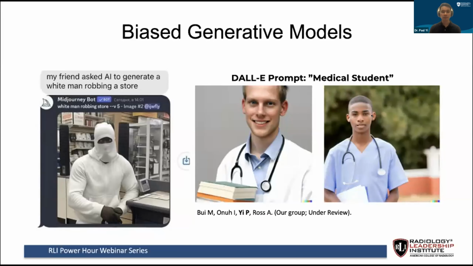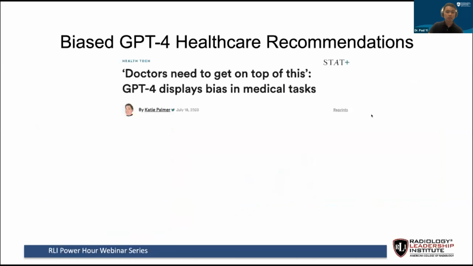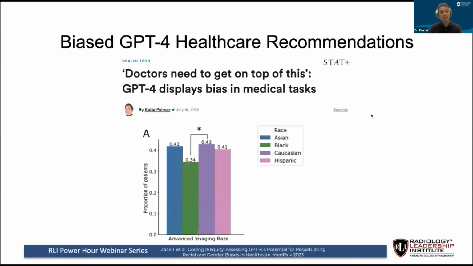What happens when you prompt for a medical student, and how are white versus Black medical students being depicted differently? We can see here that there's more formal attire ascribed to white medical students compared to Black ones. And then when we take it a step further into actual healthcare recommendations, GPT-4 has been shown to be biased, where if you ask a number of different clinical vignettes and just change out the race of the patient, you're going to have very different diagnoses suggested.